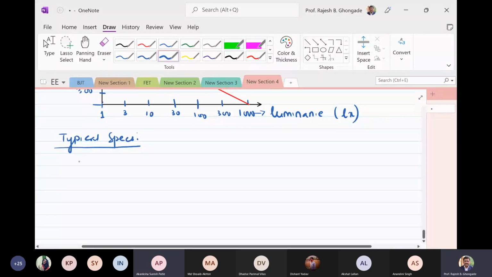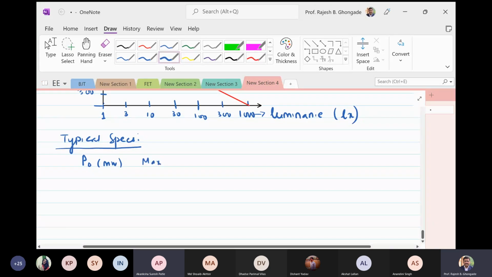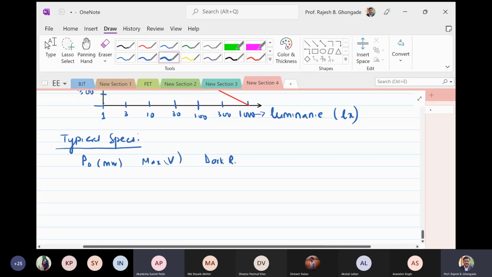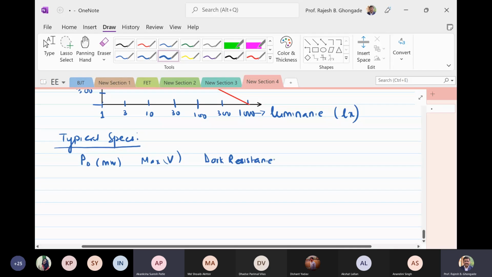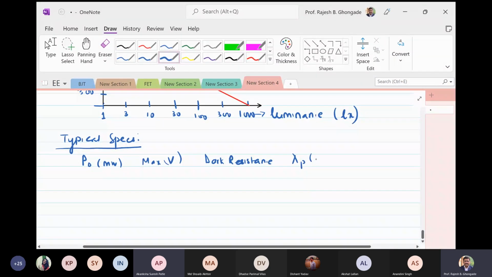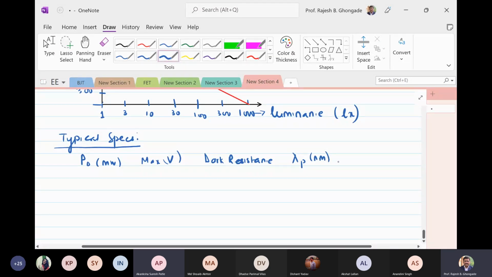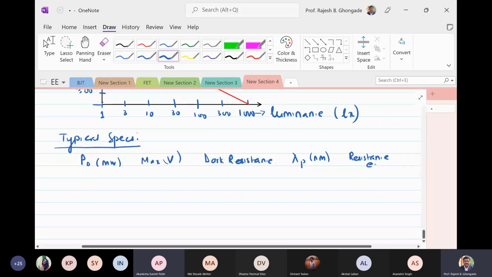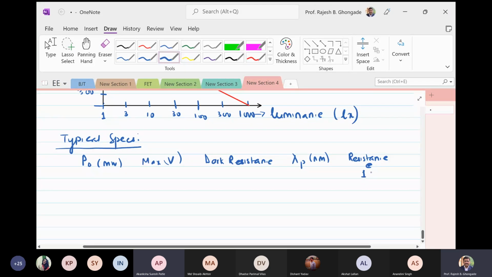You have the power dissipation in milliwatts, maximum voltage, dark resistance, wavelength sensitivity, and resistance specified at 10 lux.